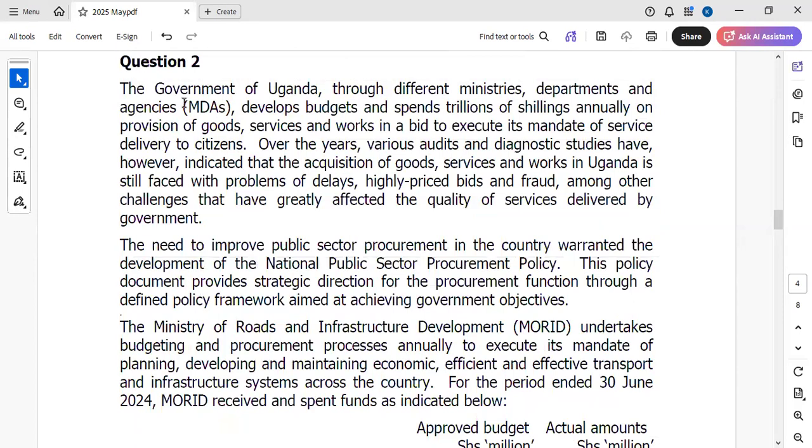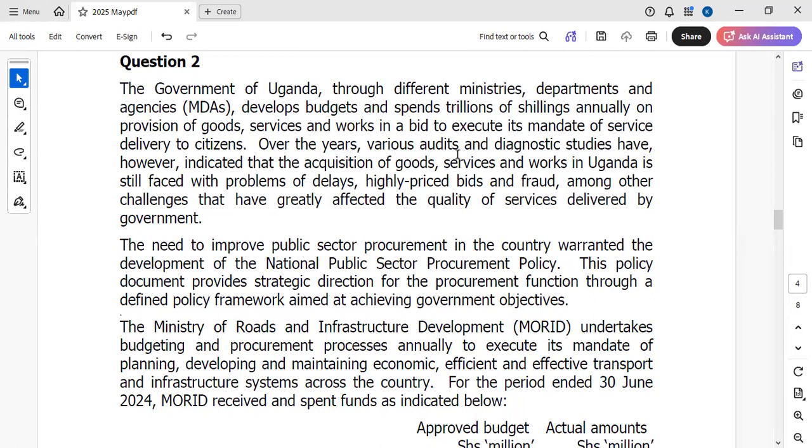So this is the scenario where they are telling us that the government of Uganda, through different ministries, departments, and agencies, develops budgets and spends trillions of shillings annually on the provision of goods, services, and works in a bid to execute its mandate of service delivery to citizens.